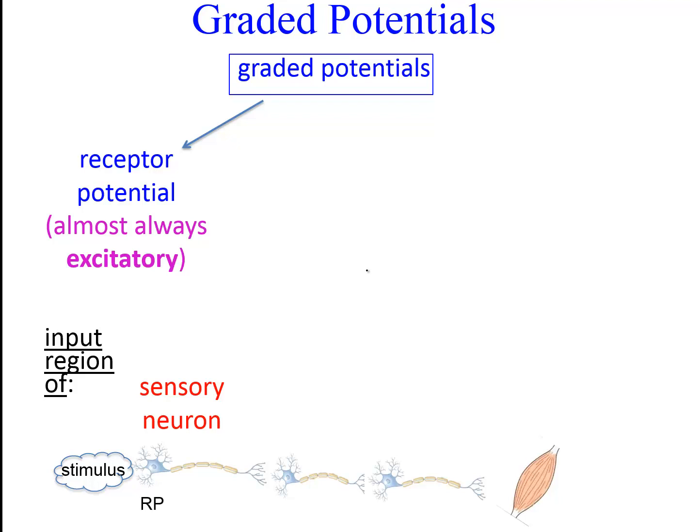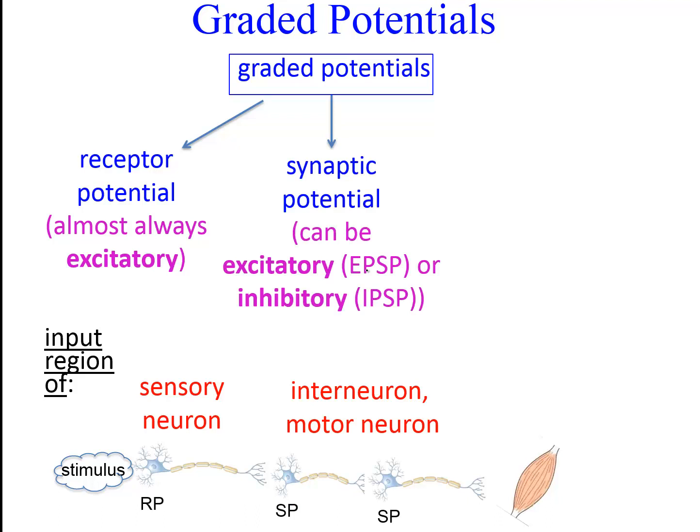If we have a graded potential in the input region of an interneuron or a motor neuron, it's called a synaptic potential or a postsynaptic potential because it's produced through the activation of a synapse. These can be excitatory, an excitatory postsynaptic potential or EPSP, or inhibitory, an inhibitory postsynaptic potential or IPSP, depending on the type of receptor that's activated in the postsynaptic cell.